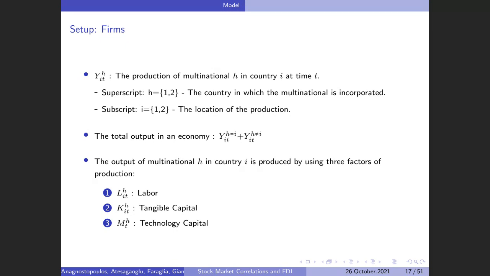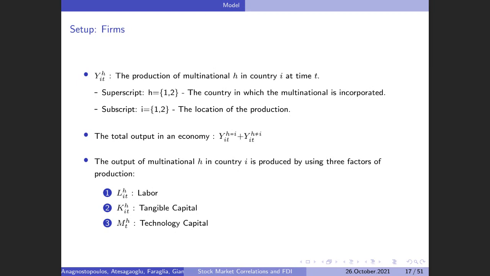Now, production in each plant is done by 3 factors of production: labor, tangible capital, and technology capital. Labor and tangible capital have both a subscript and a superscript, which means that these are plant specific. Each plant picks the level of employment and the level of tangible capital stock in production.